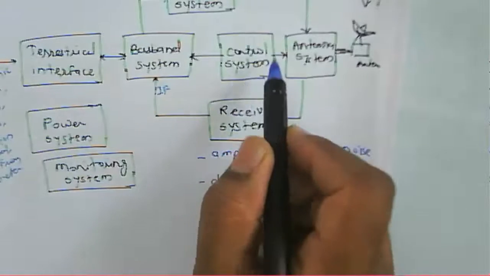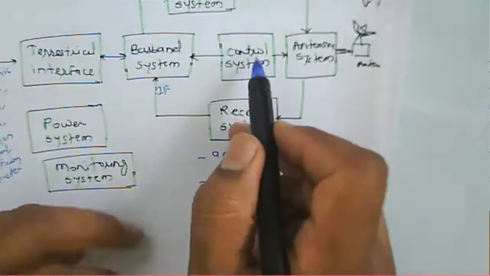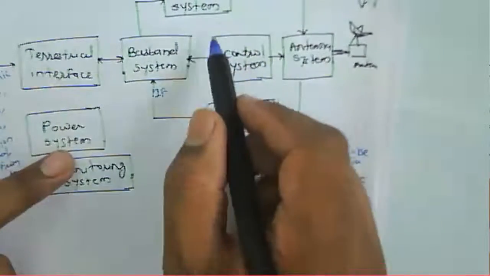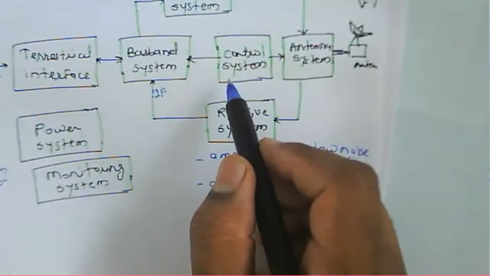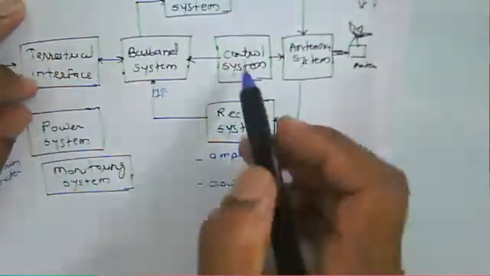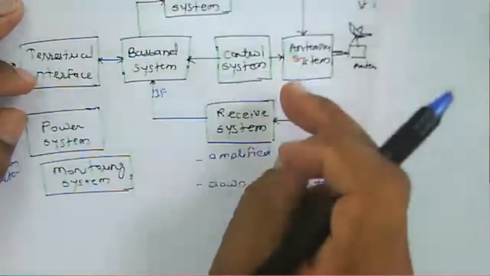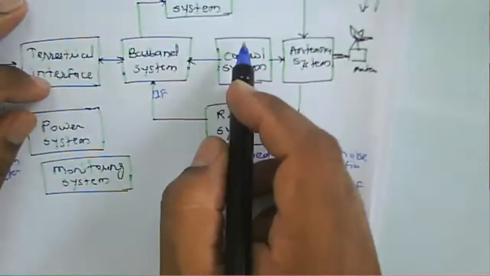Then here a control system is there. That control system is used for switching the system for transmission as well as reception, and whichever baseband components are there will be switched on or off, or controlled by this control system.